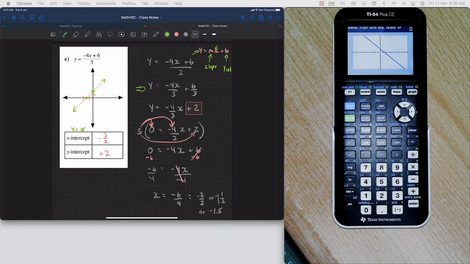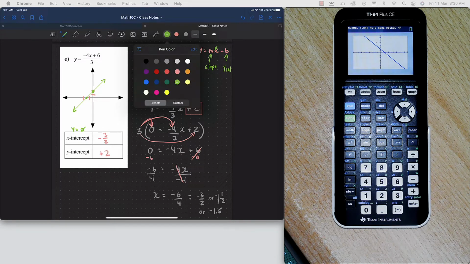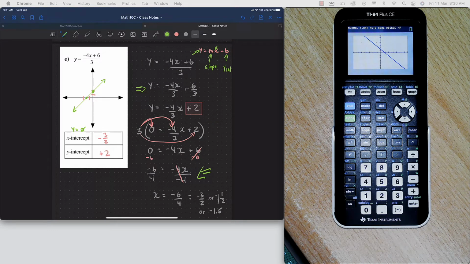So you can see how the calculator actually comes into play right here. Right here, I was dividing both sides by -4, but on the other side I forgot to put the negative right there. And if I divide -6 by -4, I'm actually going to get a positive 6 over 4, or a positive 3 over 2, or a positive 1.5.